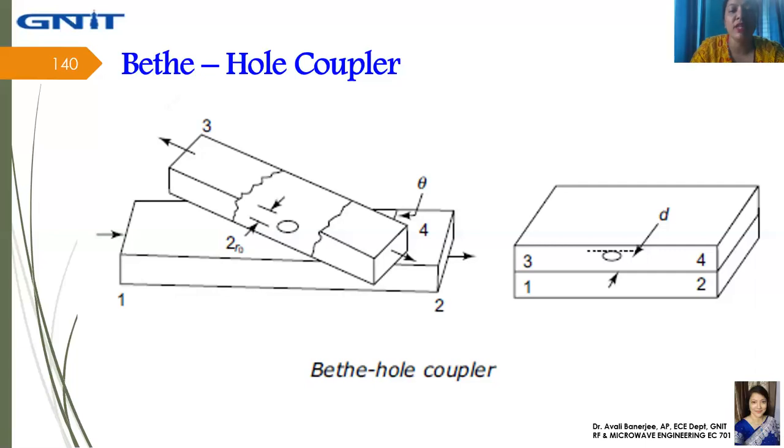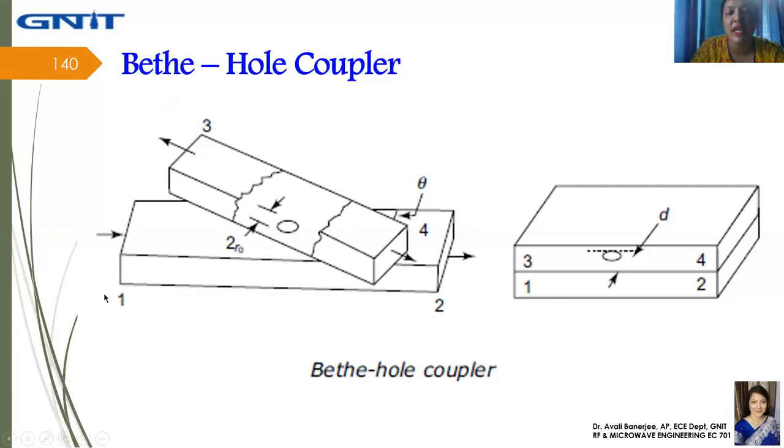The coupling of the auxiliary guide is due to radiation from these dipoles. So the electric dipole radiates equally in both directions longitudinally, but the magnetic dipole radiates asymmetrically in longitudinal directions.